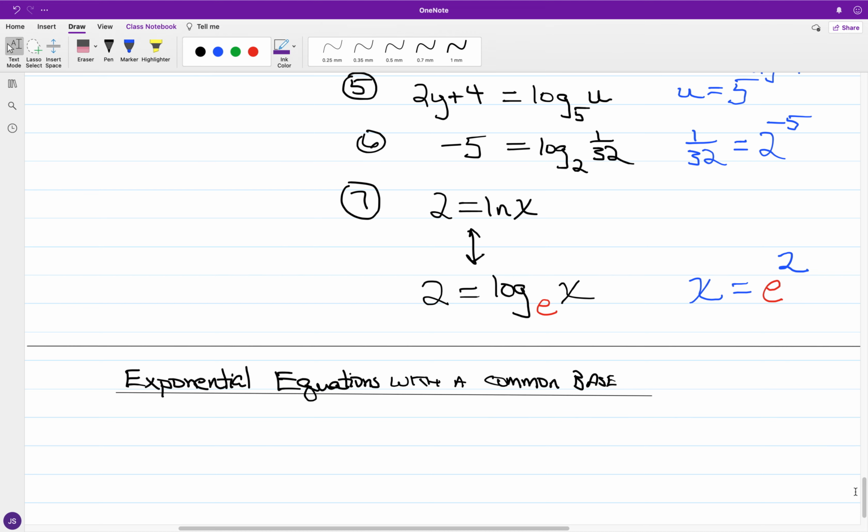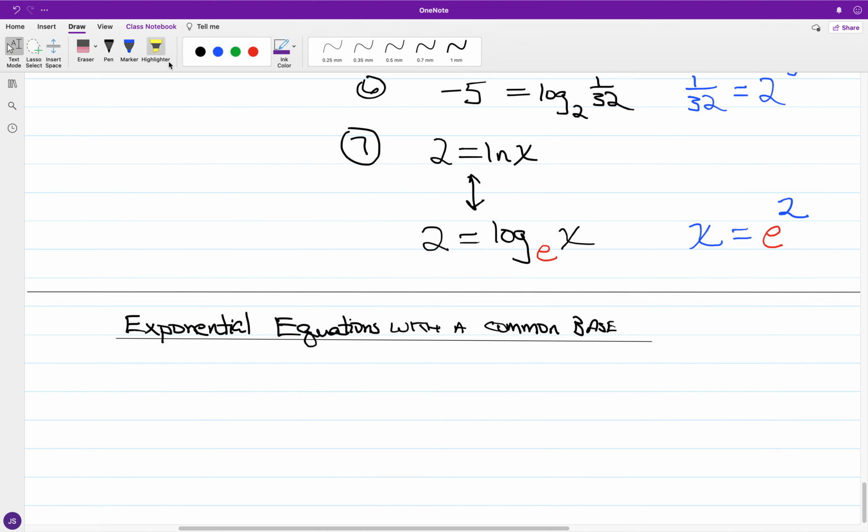Let me show you what I mean by this. Those are exponential equations you will be able to solve without having to use a calculator, or likely will not have to use a calculator.